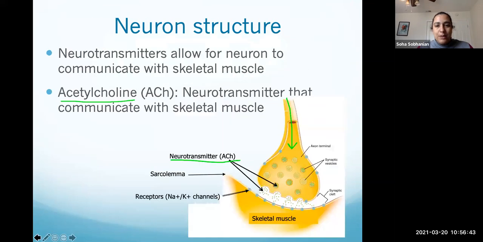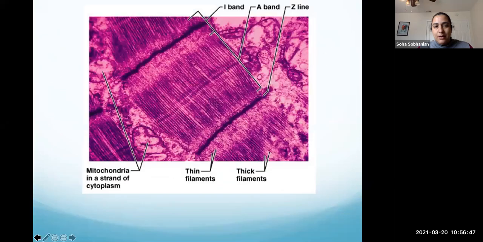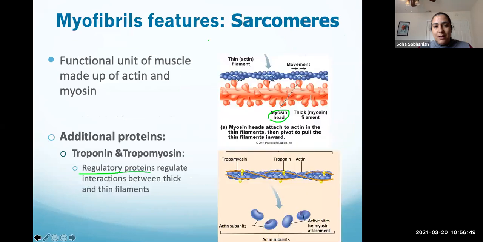So let's go back to the previous picture that I talked about. And now I'm going way back here. So here's the T. Now, next step. Calcium is going to bind to troponin. This is really important, guys.